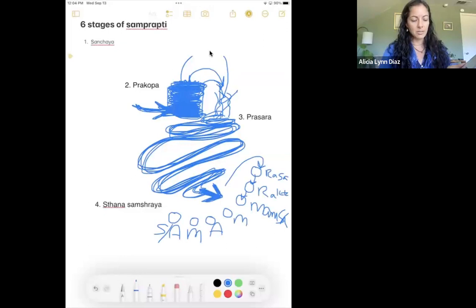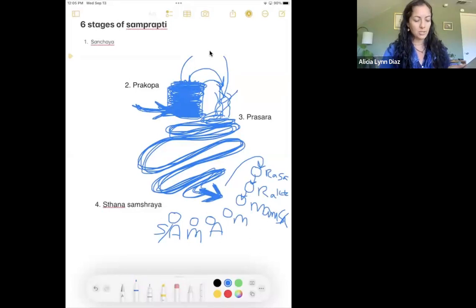It's going to deposit in the muscle tissue, or in the fat tissue, Meda, also giving rise to high cholesterol, all of the fats in the body, and it's going to disturb the hormones. Or it's going to deposit into the Asthi dhatu, which is the bone tissue, and lodge into the joints, creating arthritis and other diseases of the bones.